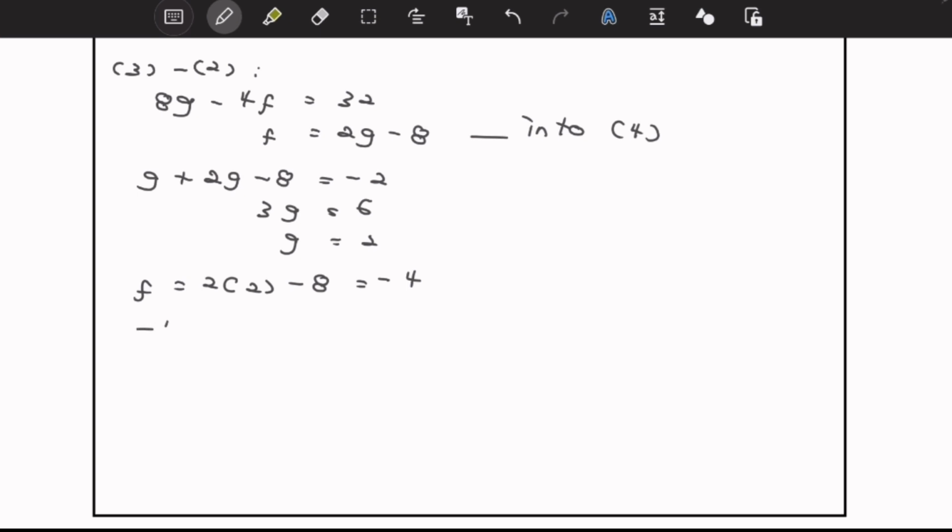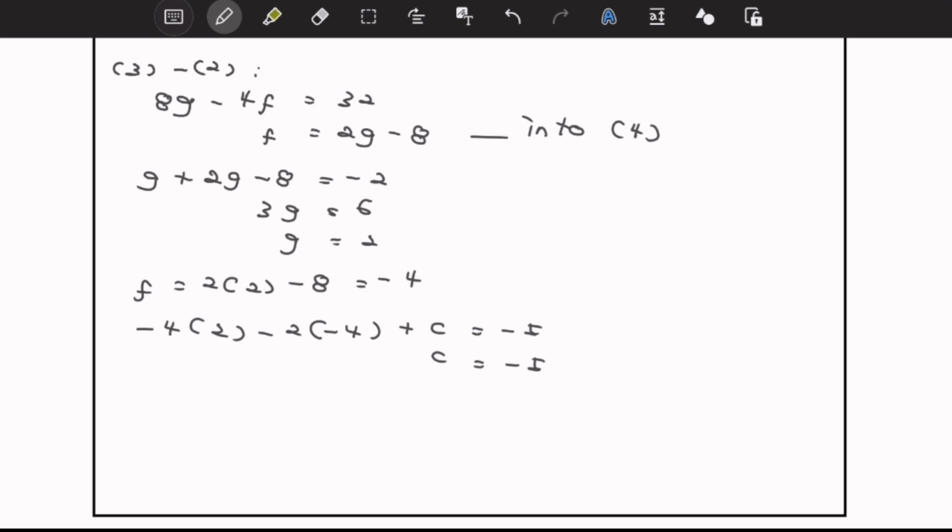So we will get -4 multiplied by 2 minus 2 multiplied by -4 plus c equals -5. So therefore we get c = -5. We now have the values of g, f and c.